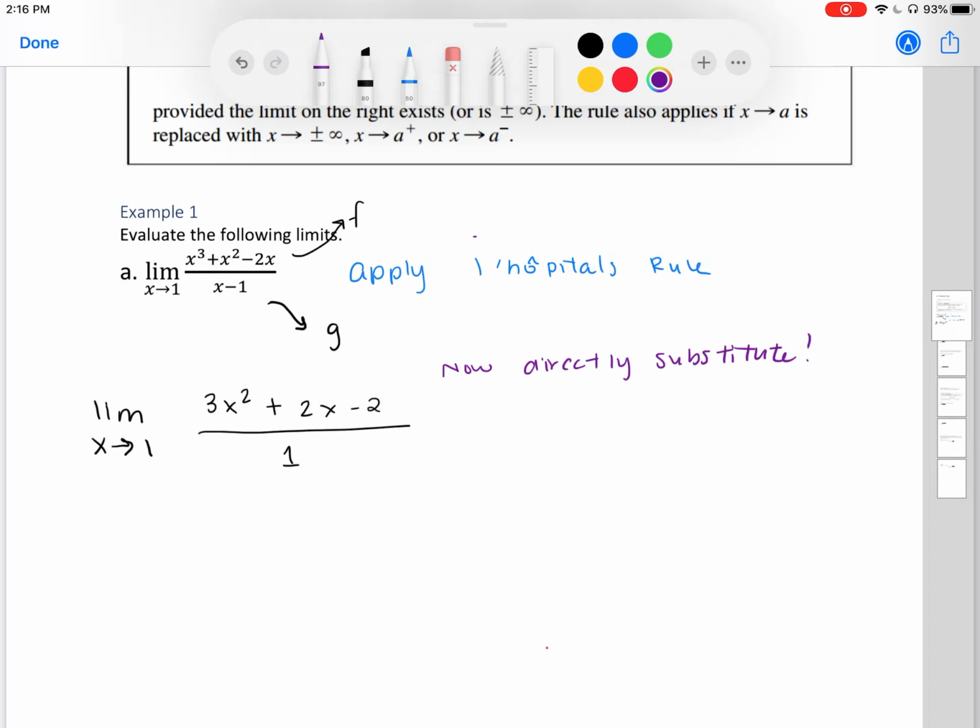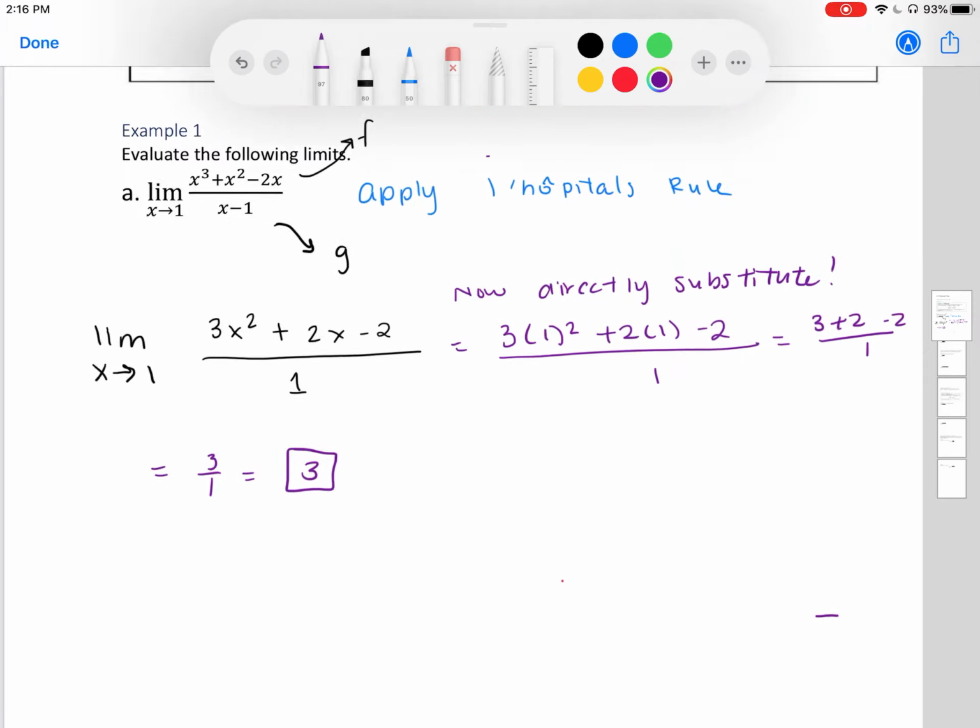All right, so we see that we get 3 times 1 squared plus 2 times 1 minus 2 divided by 1. We get 3 plus 2 minus 2 over 1. Our final answer is just 3. And there you have it. That's the wonders of L'Hopital's.